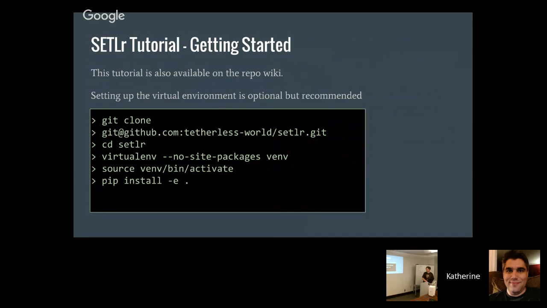And then you just change directory and you can set up a virtual environment. It's not required, but we recommend doing the virtual environment if you have that available. So you start up your venv and then pip install -e . and that should take care of downloading all the dependencies and get everything set up for you to run SETLr.